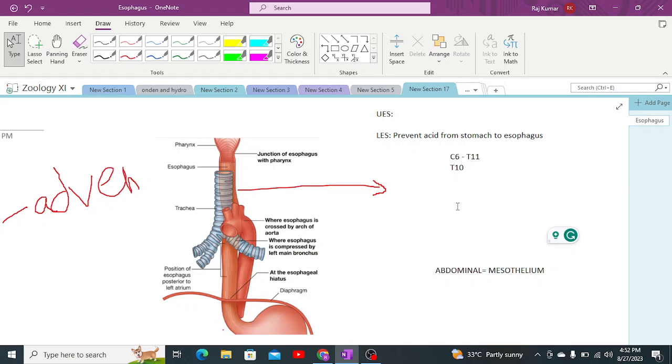It is present in the mediastinum, inside the thoracic cavity. But in which part of the thoracic cavity? It is present in the mediastinum of the thoracic cavity.